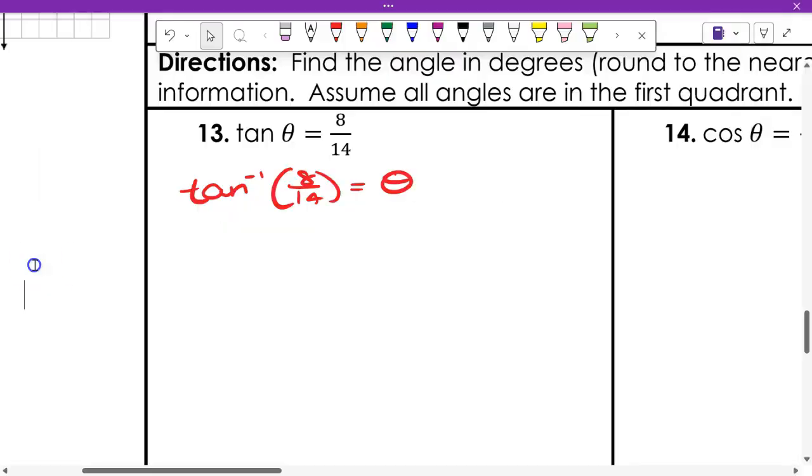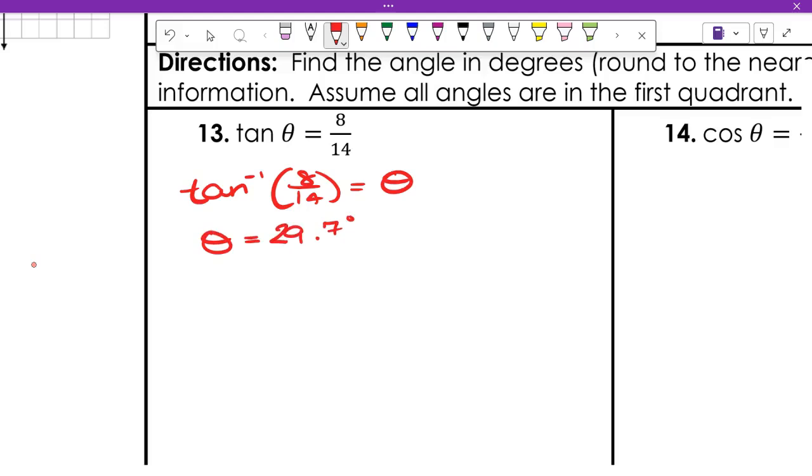So theta is going to equal 29.7 degrees. Now, that isn't necessarily all I want to have. Let's think about this. Tangent is positive in quadrant 1 and quadrant 3. I have tangent of theta equal to that, and this isn't tangent inverse, so I'm not restricted to just quadrant 4 and quadrant 1 as my only answers.